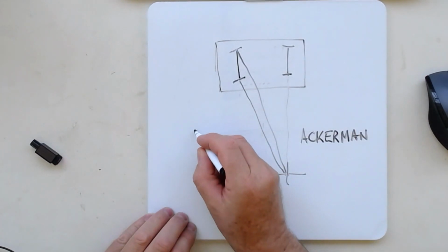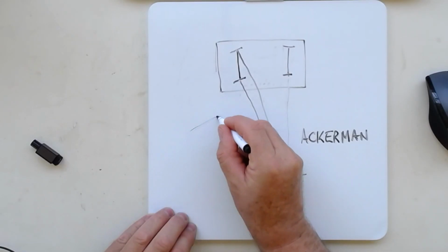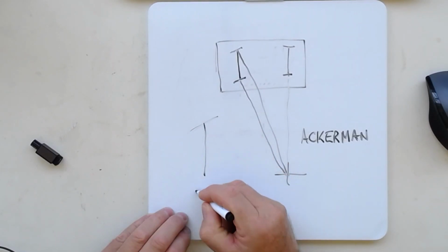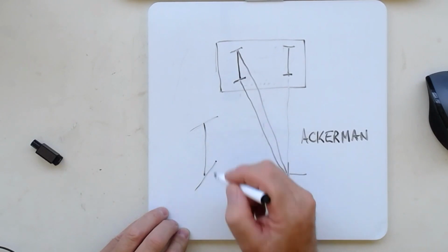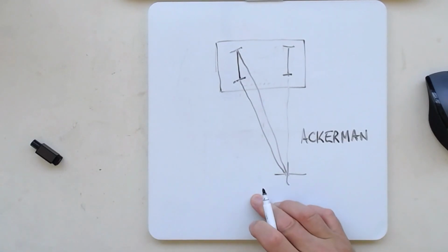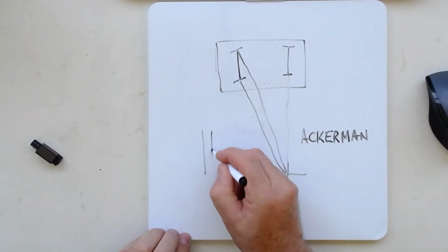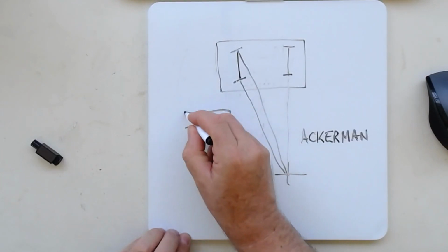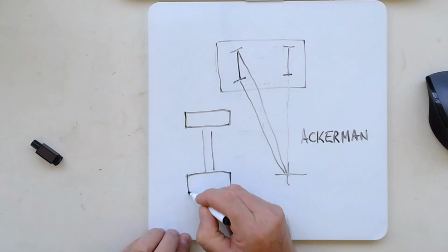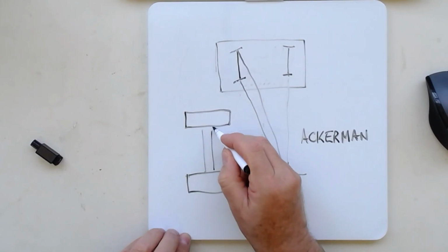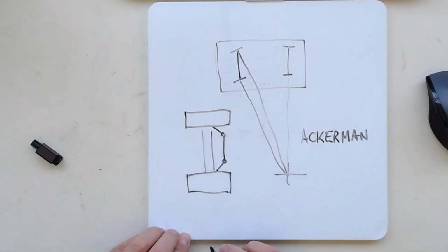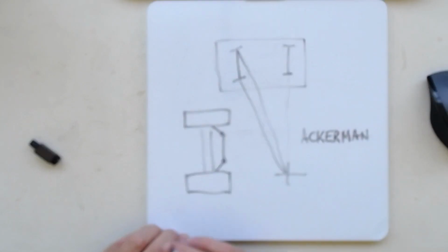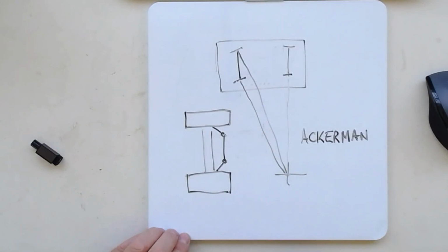So to exaggerate that, we might have an outer wheel, and we'll have an inner wheel. And there's this distinct difference. In fact, if I was to draw an axle, I'll put a wheel here and a wheel here. And if I put the steering links in, you'll see them look something like that. That arrangement is to get Ackerman steering.